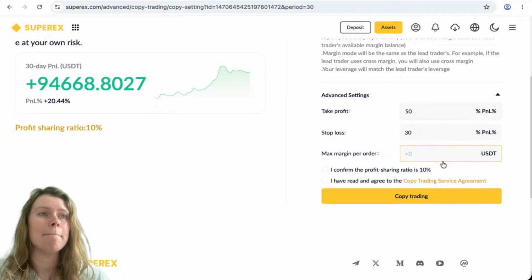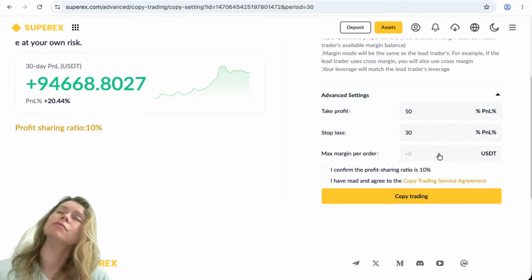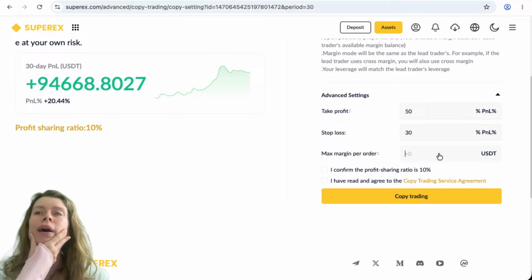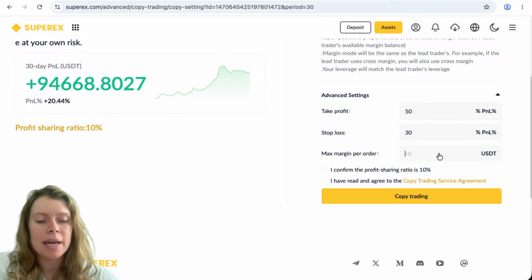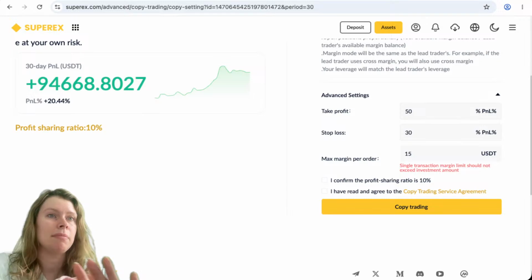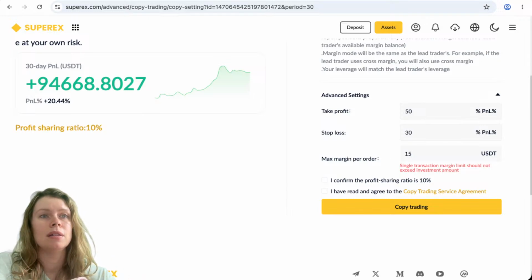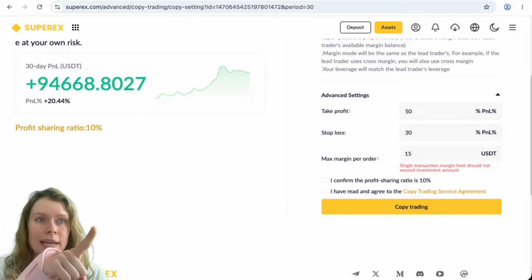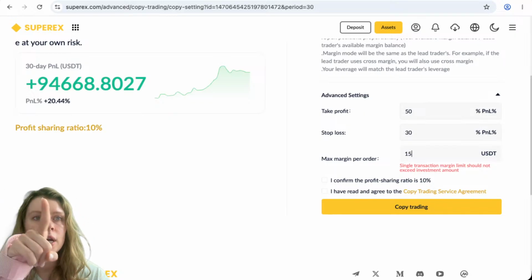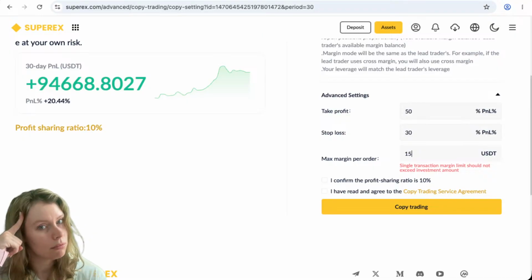Okay, and then max margin per order. If I had a little bit more, I would put in a little bit higher, but I would say my max will be 15 because that's the absolute max I have in my account. But remember, it says single transaction margin limit should not exceed investment amount. Remember, guys.